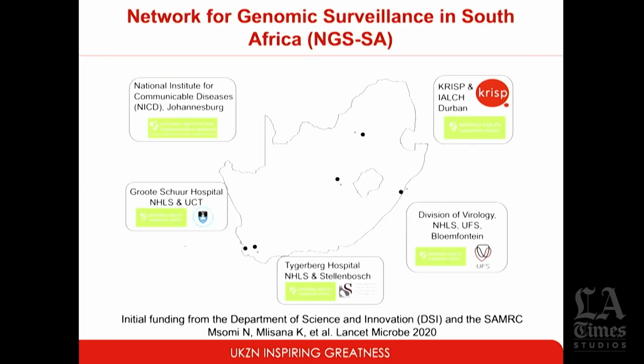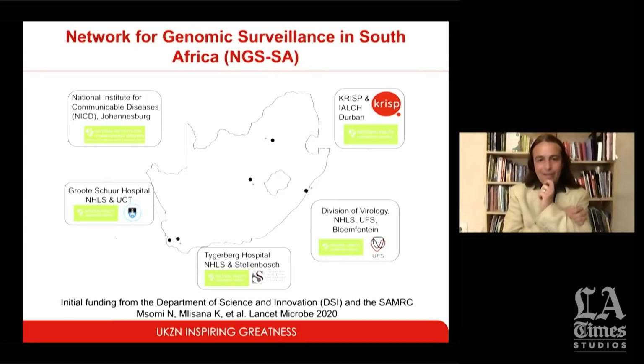So what we did in South Africa, with initial funding from the Department of Science and Innovation and the South African Medical Research Council, is to set up a network of genomic surveillance. We set up 5 labs across the country to sequence the virus in a very comprehensive way. CRISP is the organization that I lead.